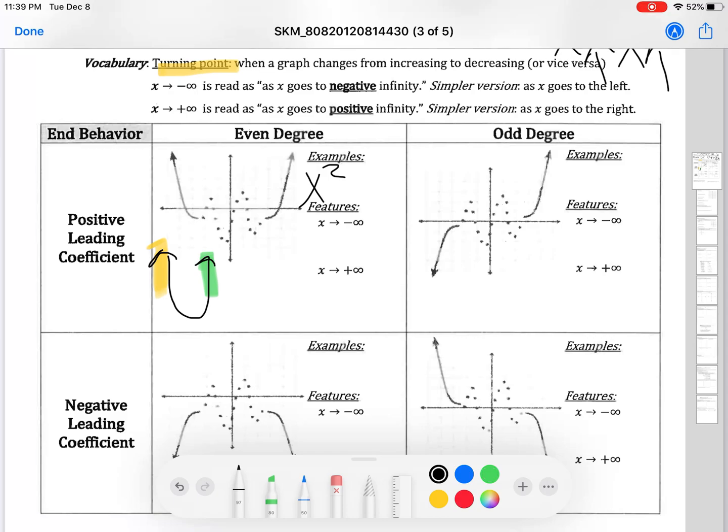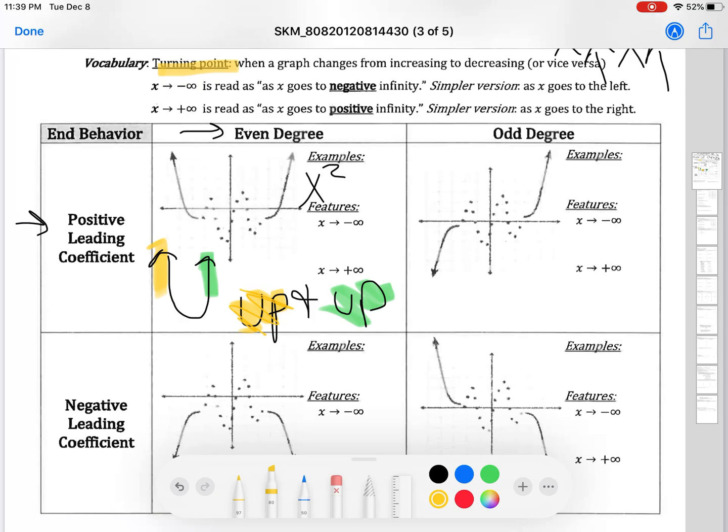So that's what we call this feature. If it's an even degree and a positive leading coefficient, we say that the end behavior is up and up. The left side goes up. Oops, meant to make that a highlighter, sorry. And the right side also goes up. Okay? And notice I've color coordinated that with a parabola here.